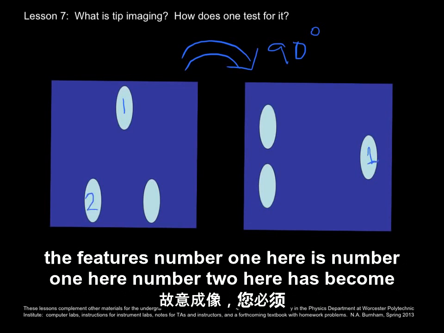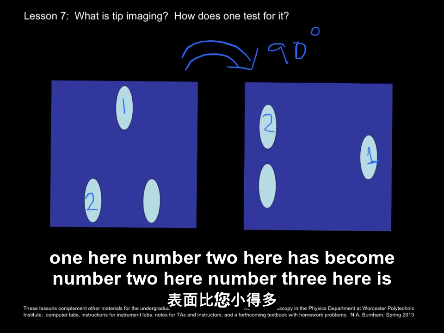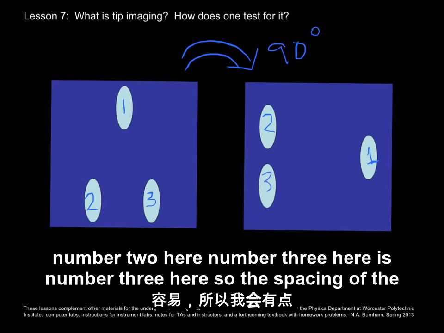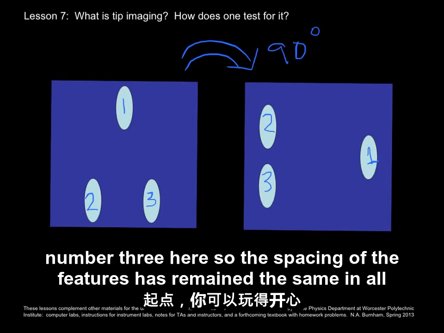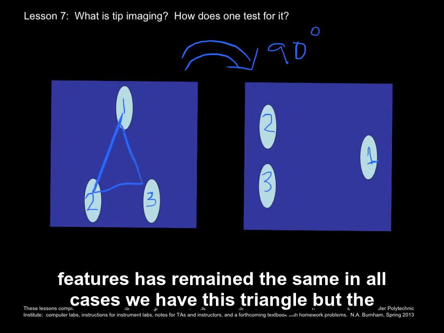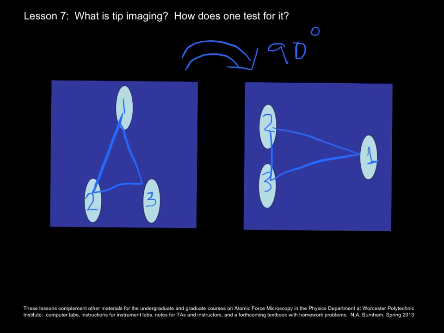Number 2 here has become number 2 here. Number 3 here is number 3 here. So the spacing of the features has remained the same. In all cases we have this triangle, but the orientation of the features has remained vertical. This indicates tip imaging.